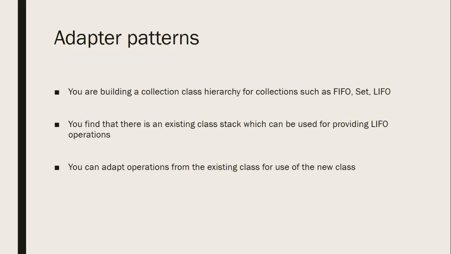Adapter pattern: we need to build a class hierarchy for a collection of classes, like first in, first out, and last in, first out. And then we find out that there is an existing class called stack, which can be used for providing operations like last in, first out. We can simply adapt the operations from the existing class for use in the new class.